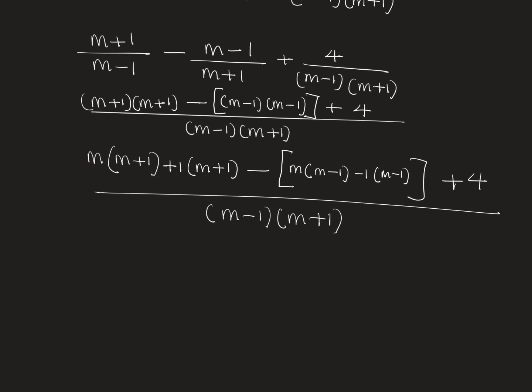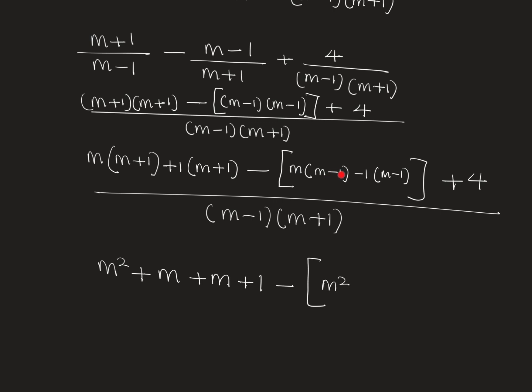Okay, so m times m is m squared plus m times 1 is m. Then plus 1 times m is plus m. Then 1 times 1 is 1. So that will be positive 1. Minus m times m is m squared again.